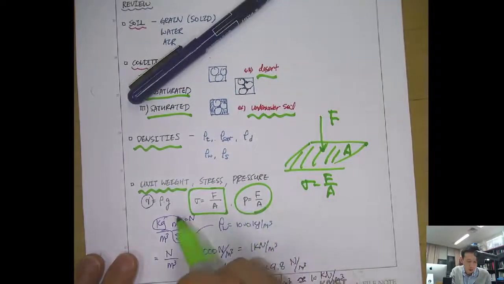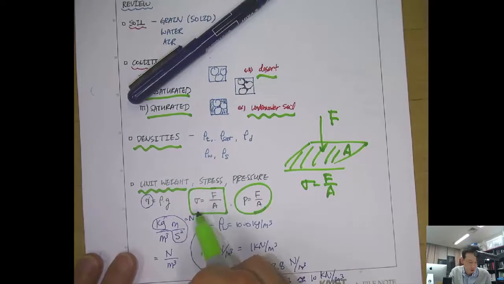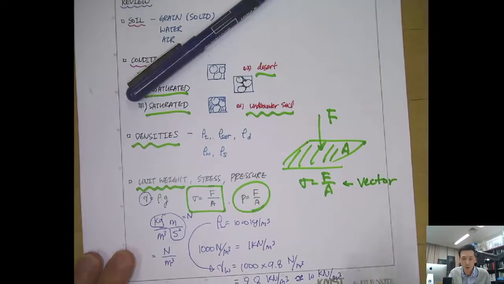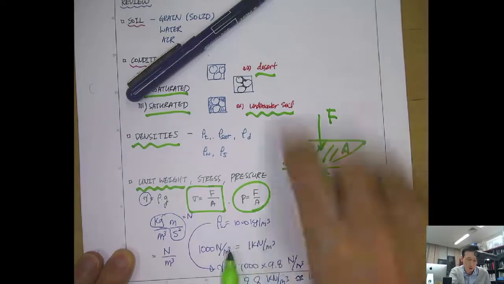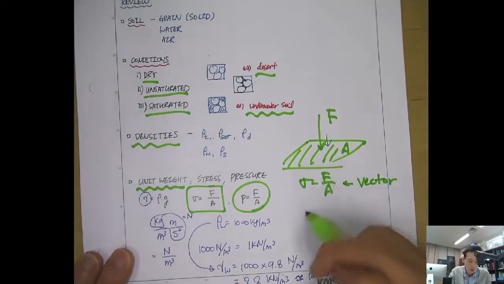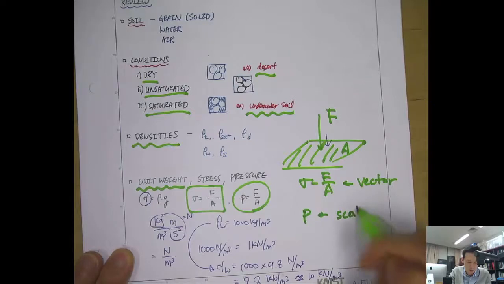But the difference between the pressure and the stress is that stress is a vector, so it has direction. In this case, the stress will be in the vertical direction. Pressure is scalar, so it doesn't have direction.